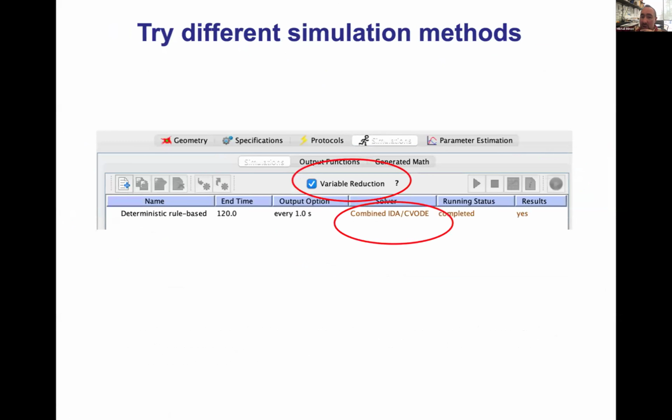Pay attention to algorithms. There are different solvers, and there are different ways to use solvers, like variable reduction and so on. So if your results are kind of weird, and especially if they're stiff, if some of them are on the order of hundreds and some on the order of e to the 9, try different solvers, try different methods.